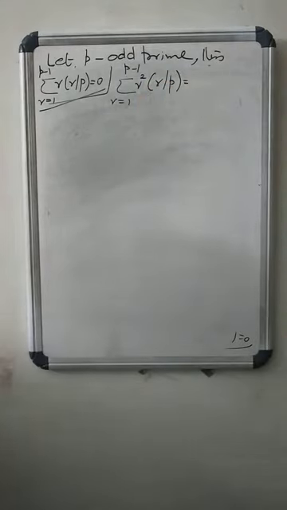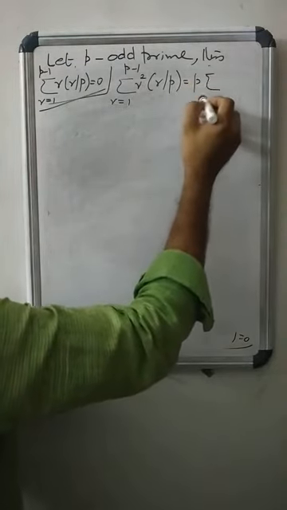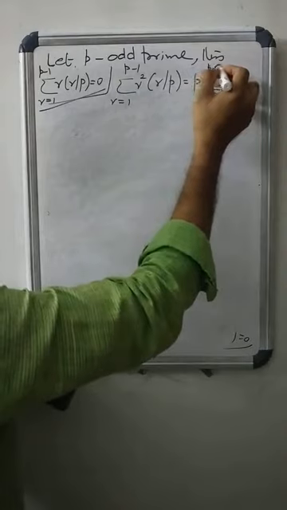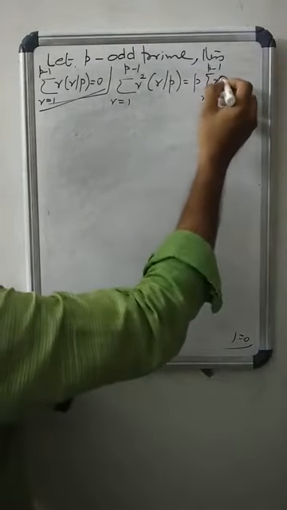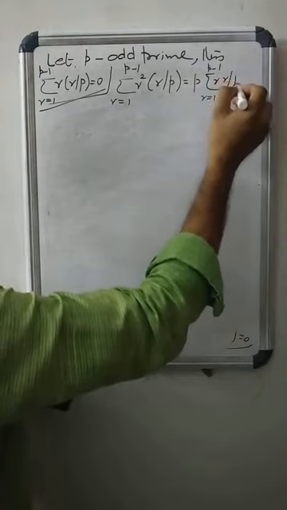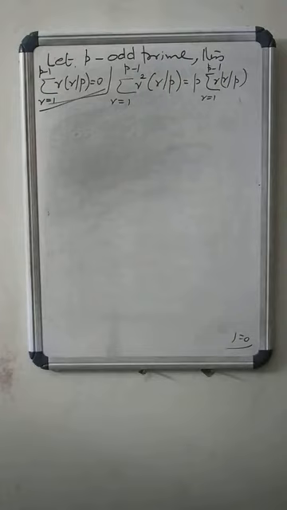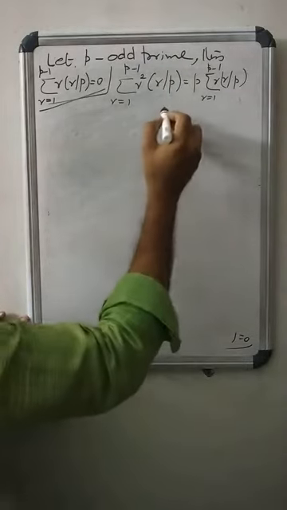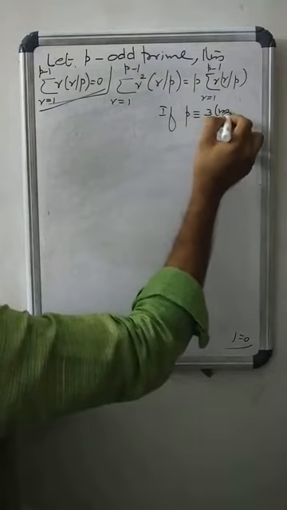equals p into sigma r ranges from 1 to p minus 1 of r into r by p, if p is congruent to 3 mod 4.